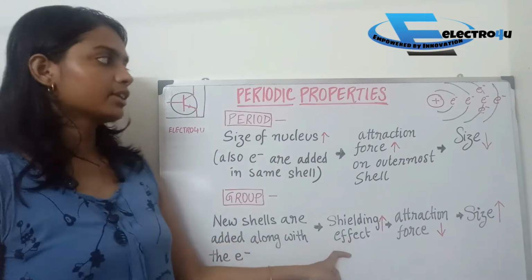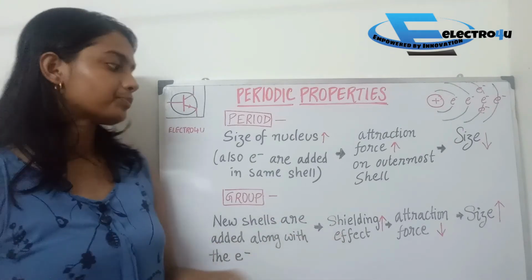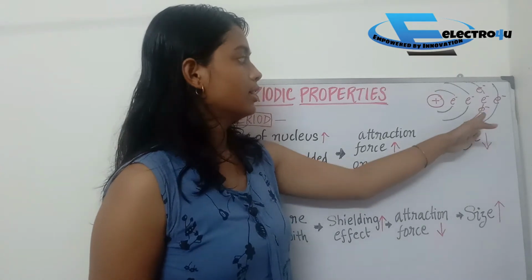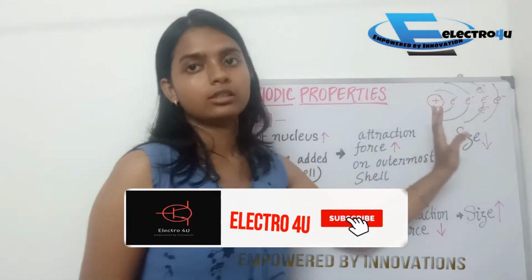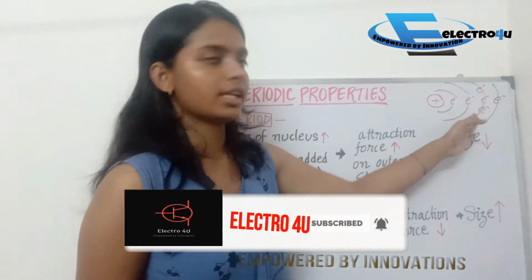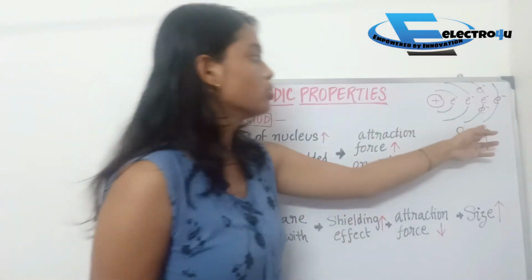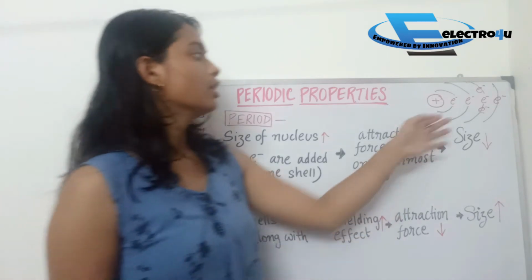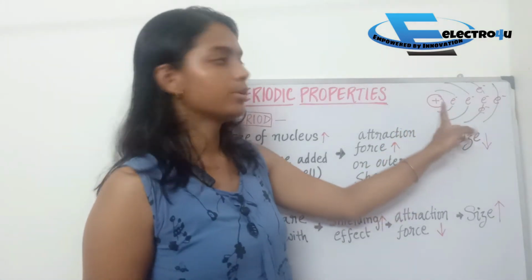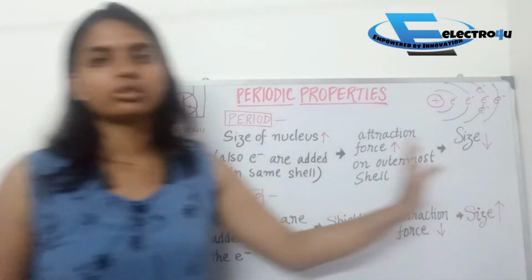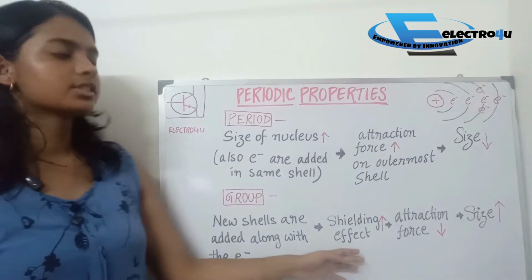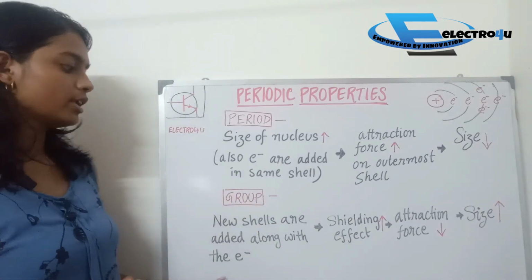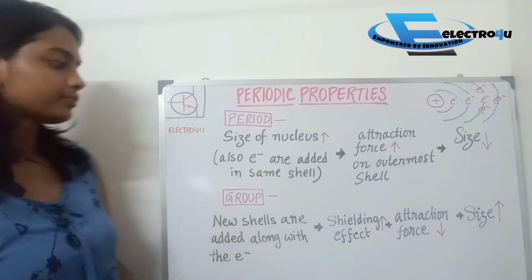The shielding effect gets increased, because as we can see, for this outermost shell, now we have three innermost shells which are acting as a shield in between the nucleus and the outermost electron. So here this shielding effect is getting increased due to the increase of the electron along with the shell.